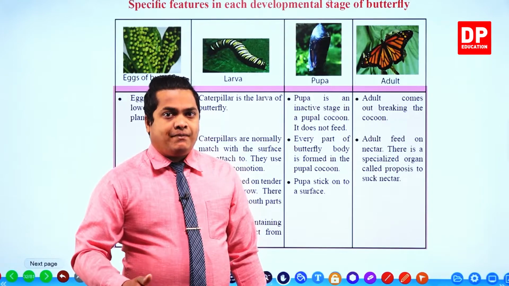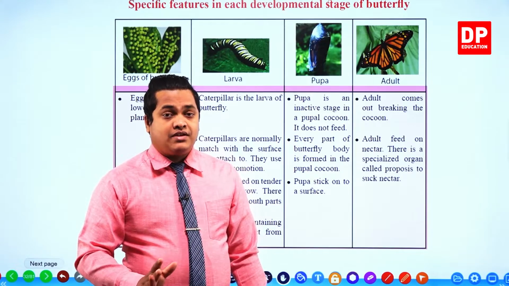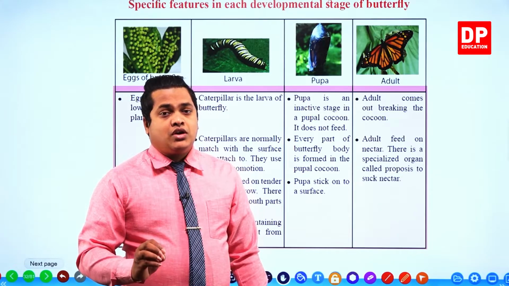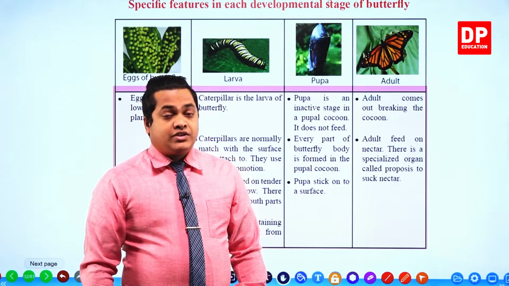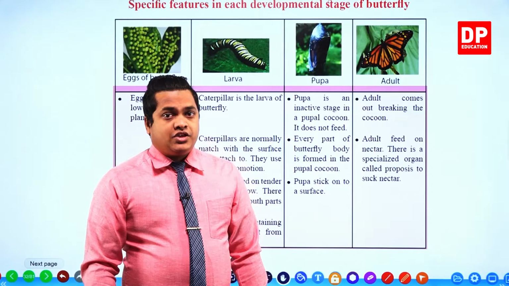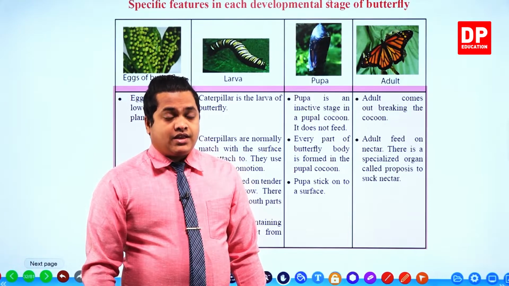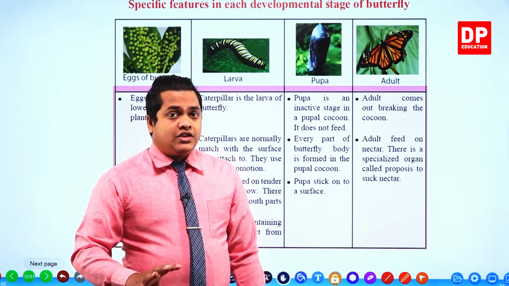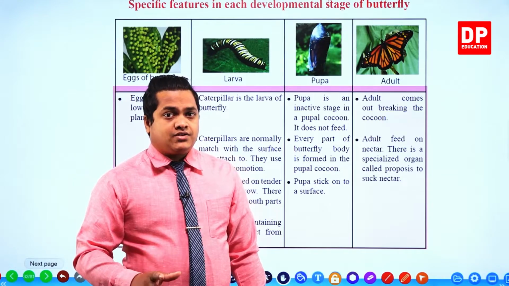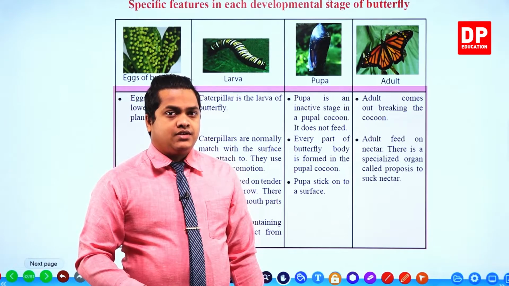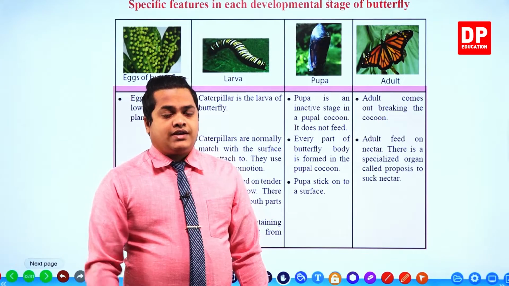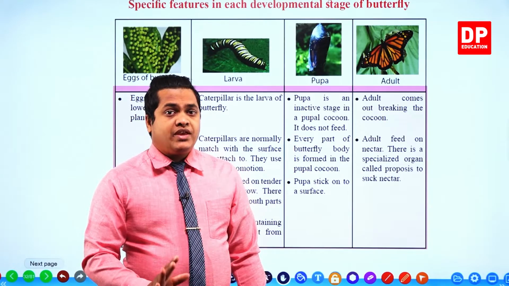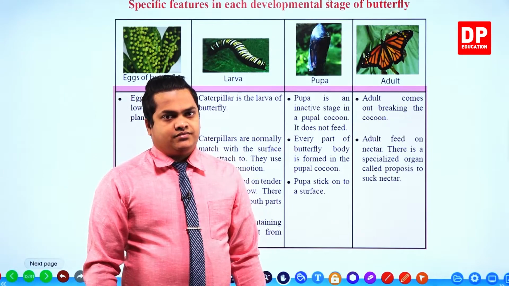So we have to apply different chemicals and other medications to overcome it. Okay, so these caterpillars, other than the camouflage, they have venomous hairs to get away from, or to protect from their predators, my dear children.